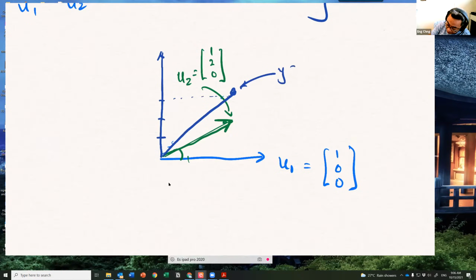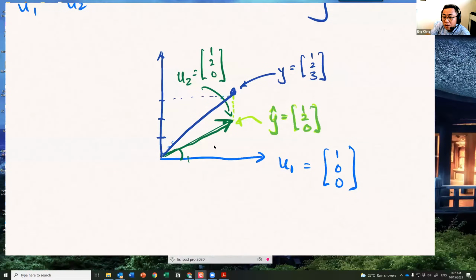This is my y, which is 1, 2, 3. Where should it land? It should land here. Again, Y hat should equal 1, 2, 0, because that's the closest point. Y hat should land at 1, 2, 0.